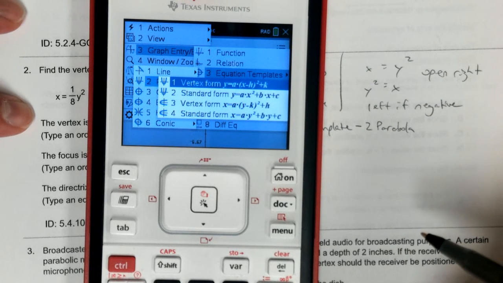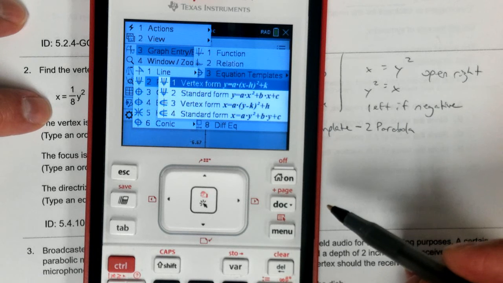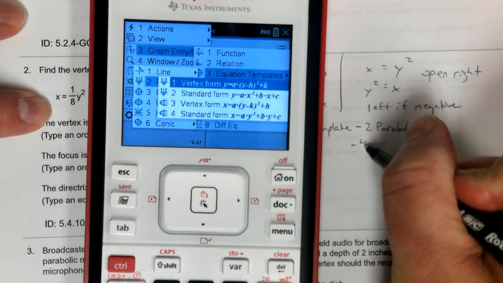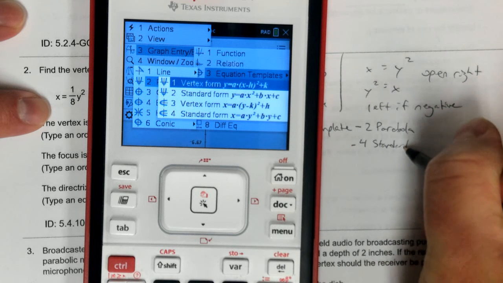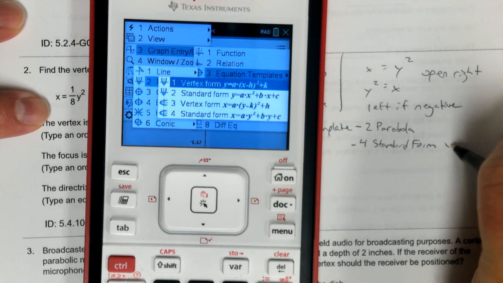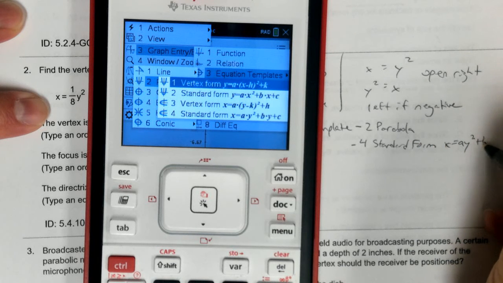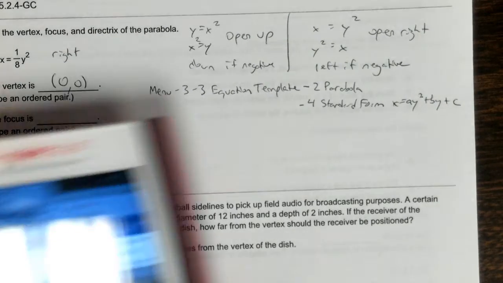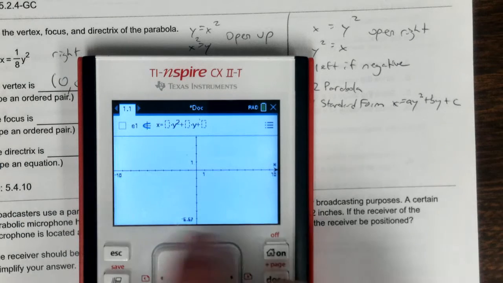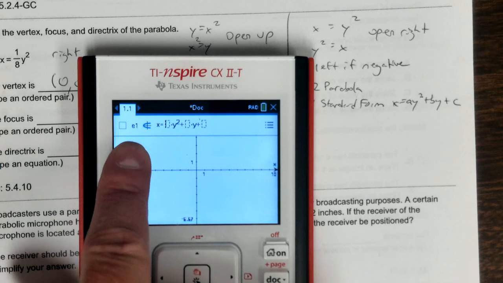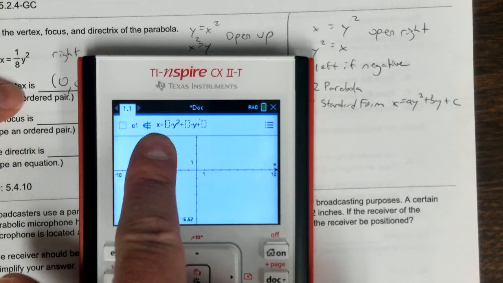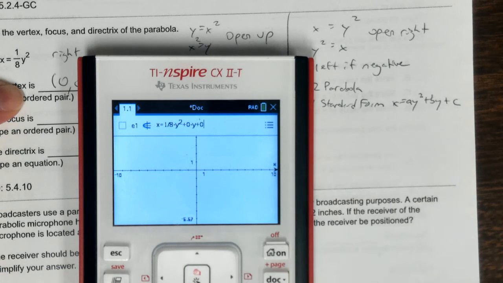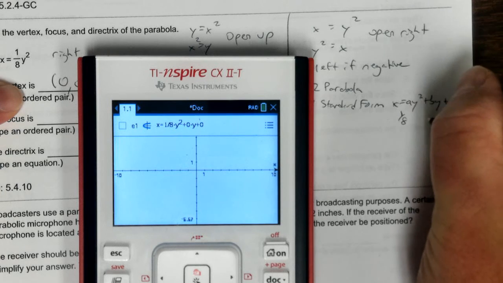And in our case, we want to choose the one that has x equal, that has no parentheses. So we're going to do 4 standard form x equal ay squared plus by plus c. So that's number 4. It says E1 now instead of F1, and it has x equal, and so you put 1/8 here, and then you go to the right or tab and you get 0, 0. So basically we're going to put 1/8 and then 0 and then 0.